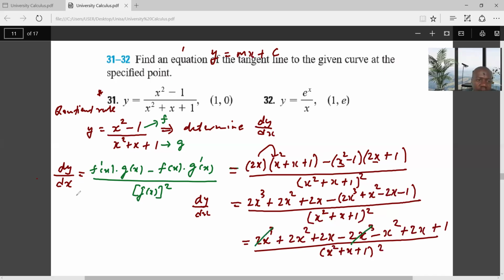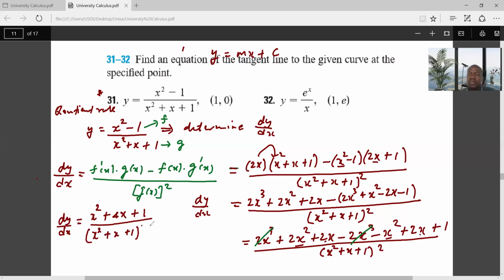And now, what are we going to remain with? We're going to remain with dy over dx, numerator. These two are like terms. We're going to have x squared. This and this will be 4x. And the last one is 1, over x squared plus x plus 1, all squared.